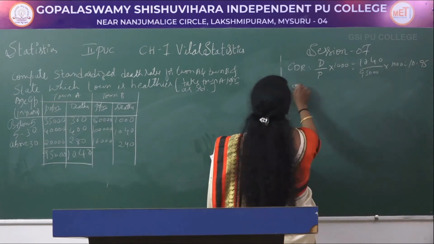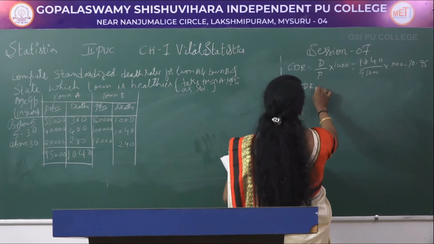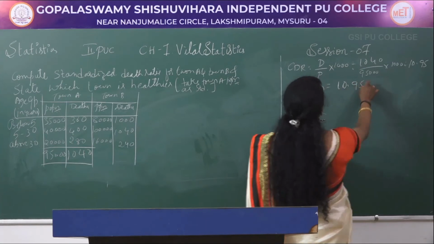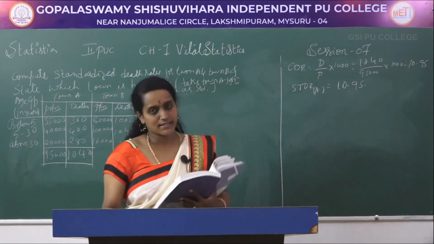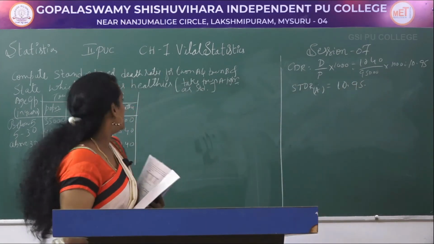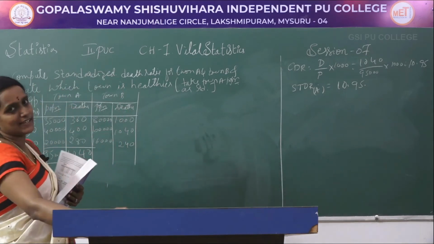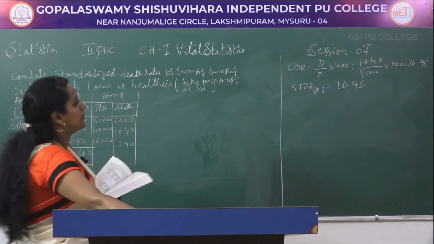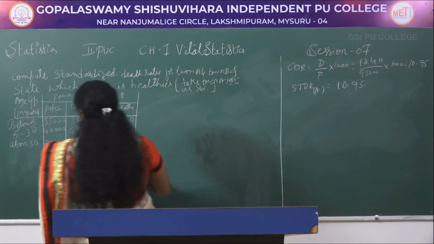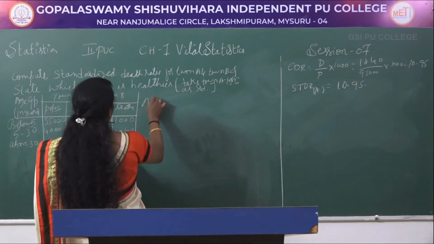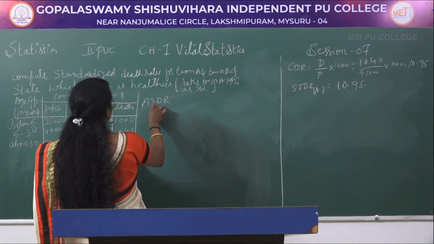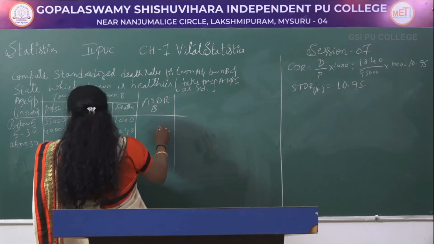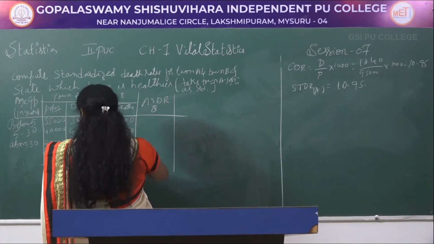So this 10.95 is nothing but the standardized death rate for town A, because here town A population we have to consider as the standard population. For town B we have to calculate the ASDR and then the standardized death rate. For that, ASDR for town B.